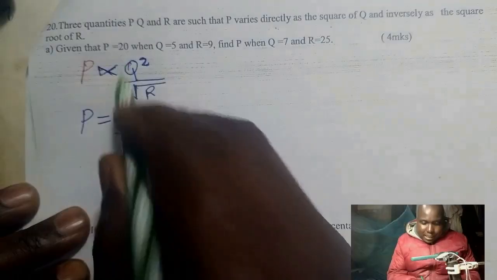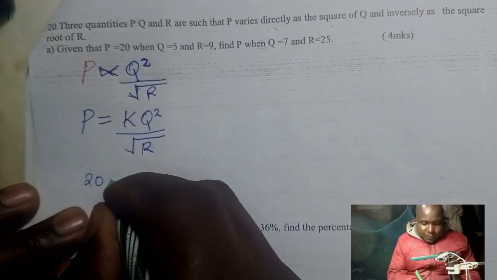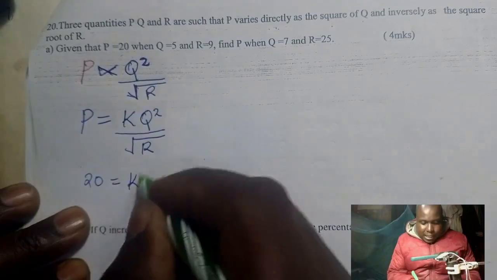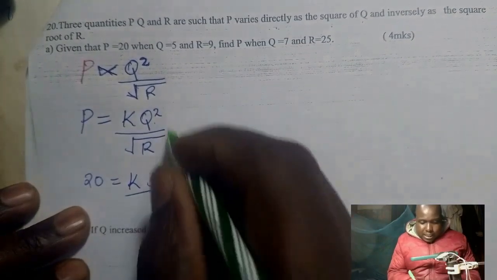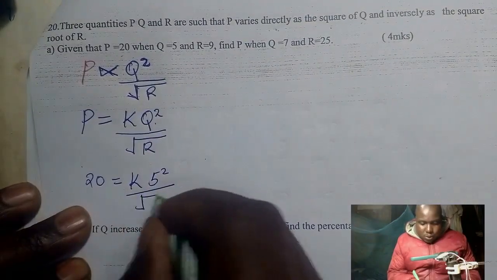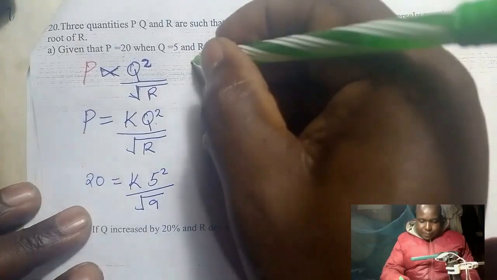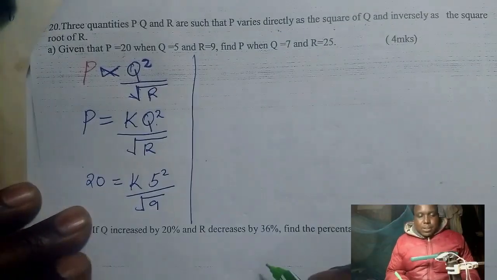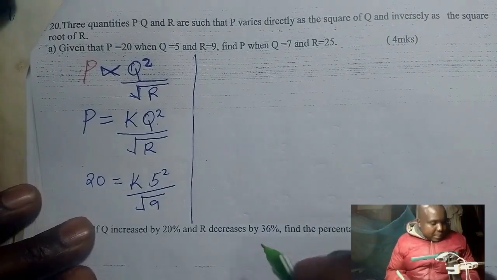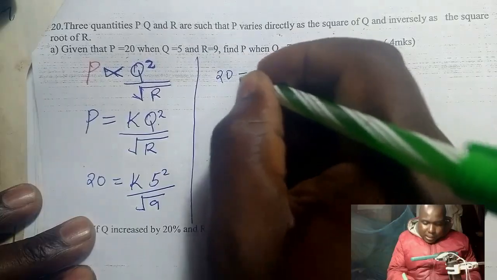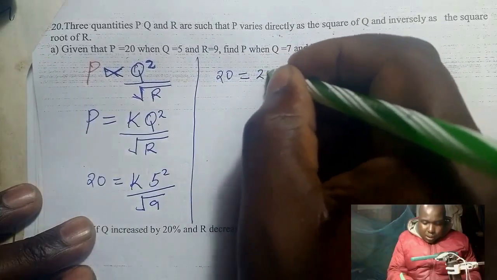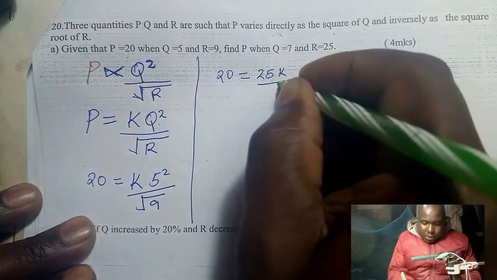So when P is 20, Q will be 5 squared divided by the square root of 9. So that means that 20 is equal to 25k divided by 3.